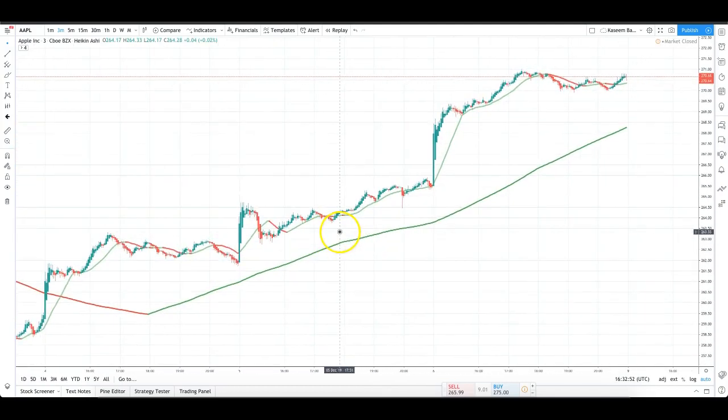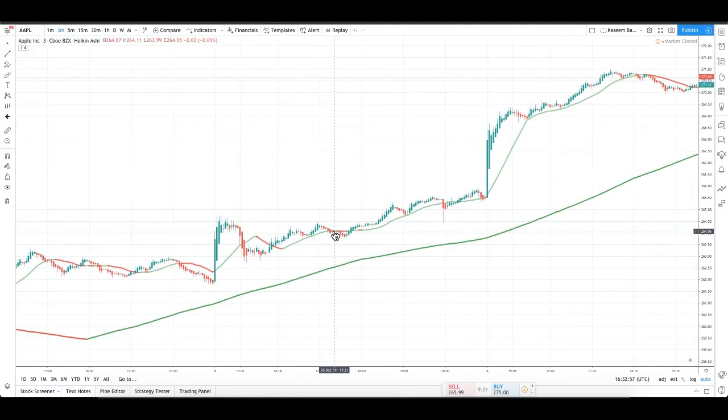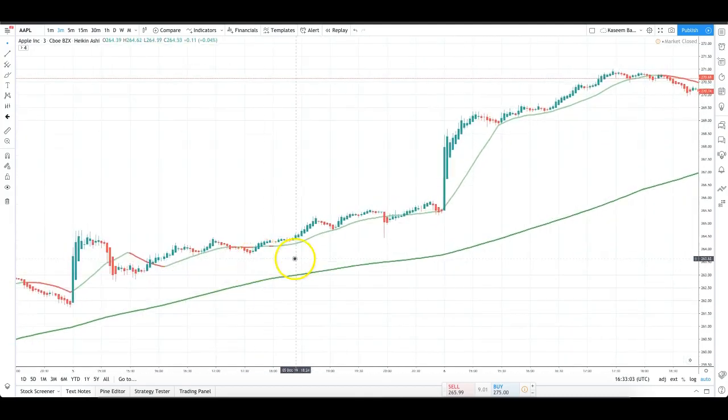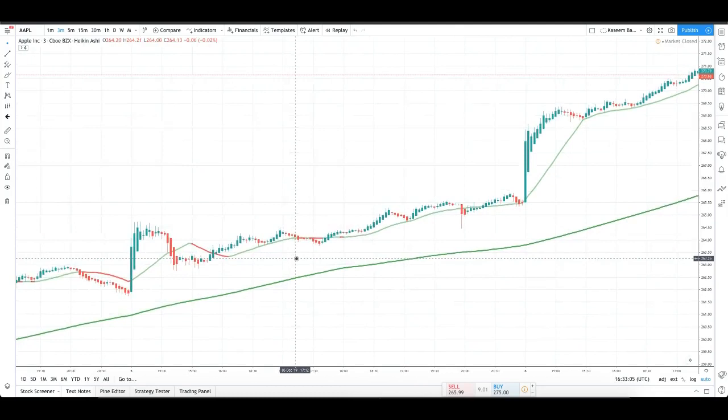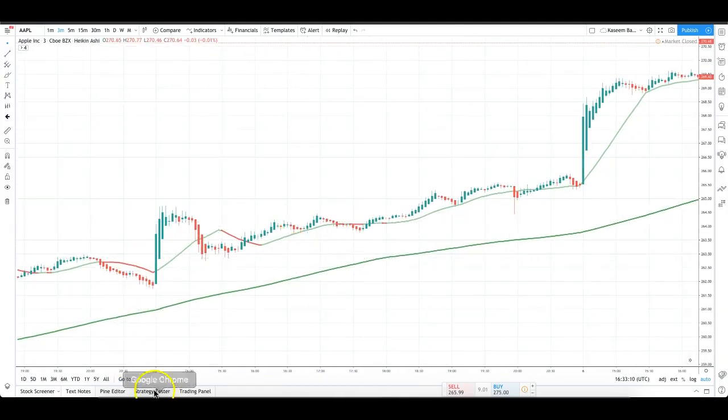Now, if you want to be a little bit more specific about the exact entry, if you want to zoom in a little bit here, because we're looking at this as a day trader. So right here we have the 5th of December, right?